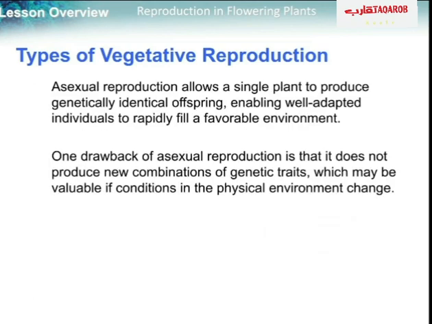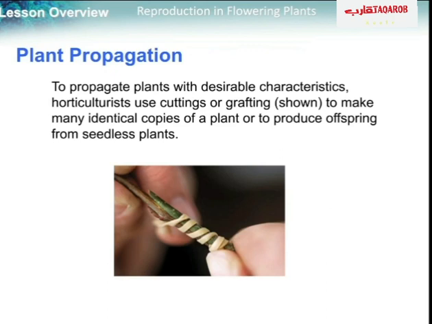Asexual reproduction allows a single plant to produce genetically identical offspring, enabling well-adapted individuals to rapidly fill a favorable environment. One drawback of asexual reproduction is that it doesn't produce new combinations of genetic traits, which may be valuable if conditions in the physical environment change.